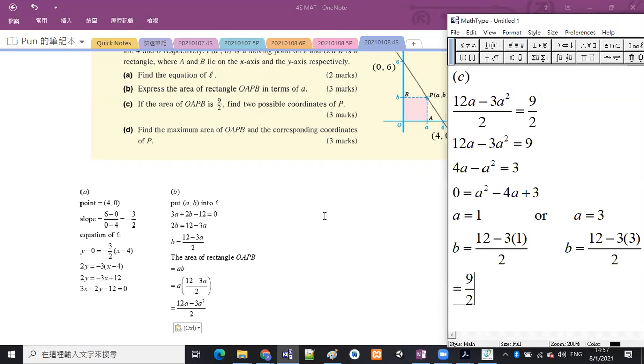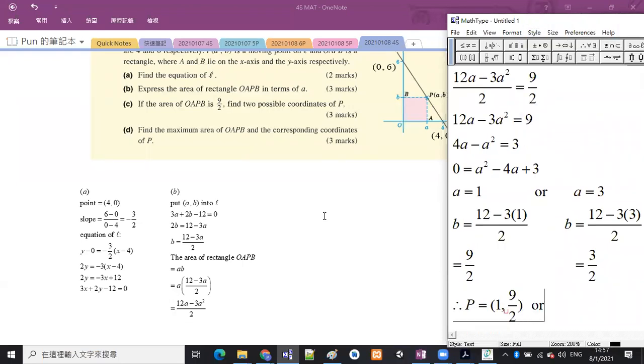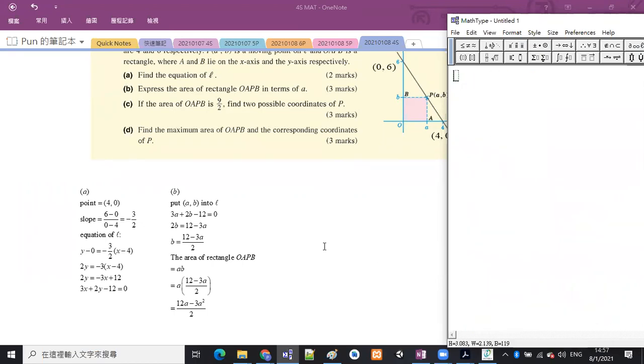So that should be equal to 3 over 2. Okay? So, the question asks us to find two possible coordinates of point P, right? And that is already done. Therefore, P is equal to (1, 9 over 2), or P is equal to (3, 3 over 2). Can you get this? These are the two possible coordinates of P.